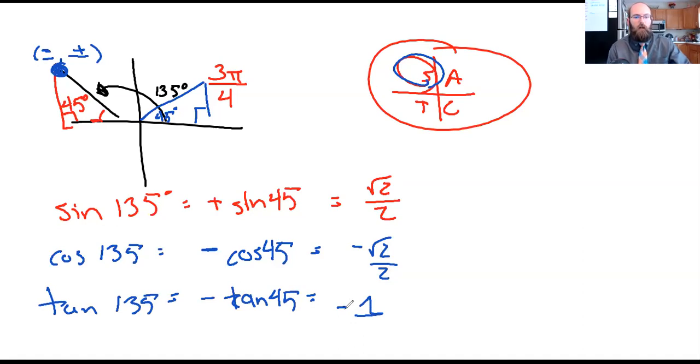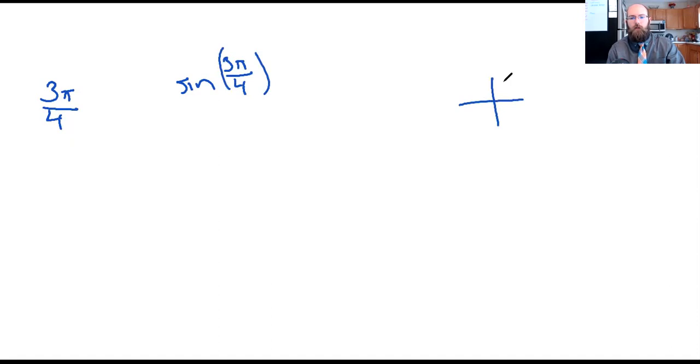Okay, let us do one more, but let's do it in radians. So 3 pi over 4. Sine of 3 pi over 4. Well, I should actually draw this picture first. All students talk constantly. Oh, we're actually right here. Boom.